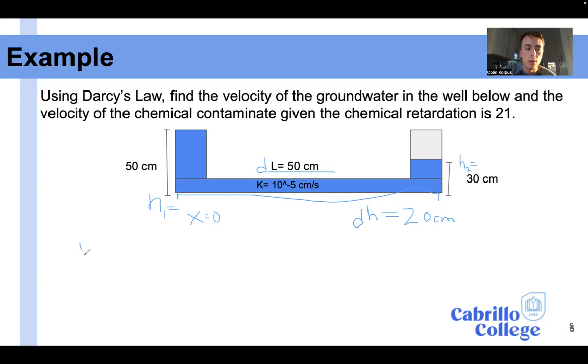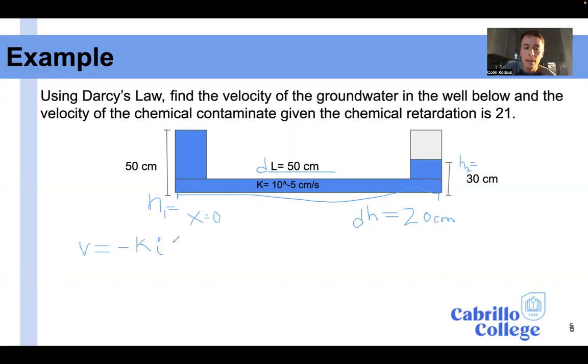And remember, we're solving for Darcy's law, which is V equals negative Ki. And so we're going to find the velocity of the water first before we proceed to look into the chemical retardation.